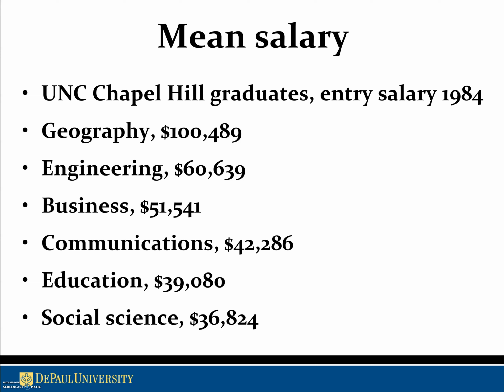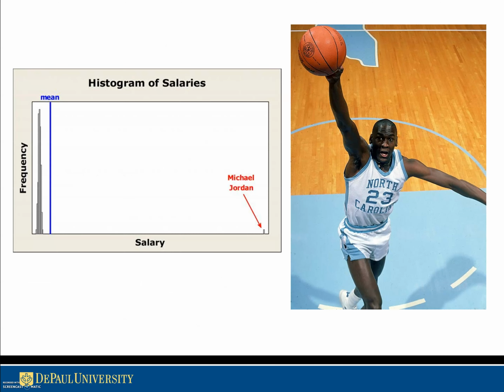But in this case, geography was significantly higher, and they couldn't figure out at first glance why that may be the case. And it turns out we had an outlier who really skewed the values. This was when Michael Jordan was drafted by the Chicago Bulls, given a really large contract.